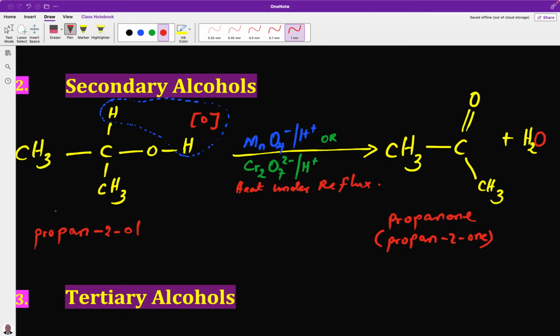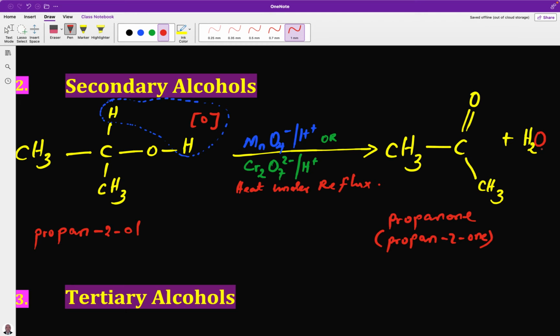Secondary alcohols are oxidized to ketone, and this is a ketone. Propanone, or acetone, is a ketone. And what is left is a molecule of water that is also removed. You see, it can be indicated by this oxygen here attaching itself to this.